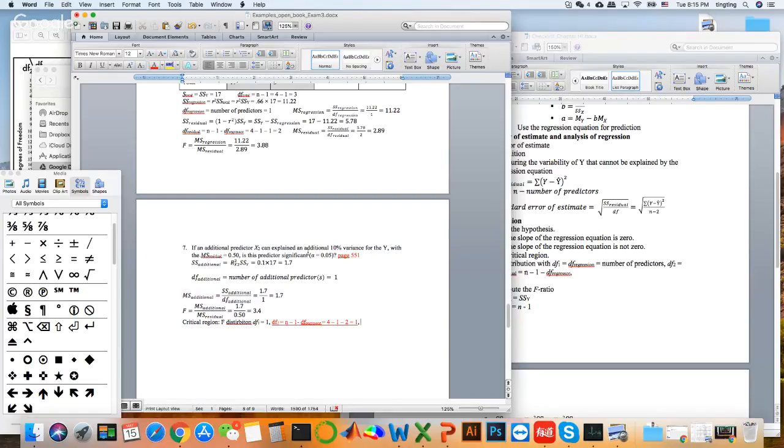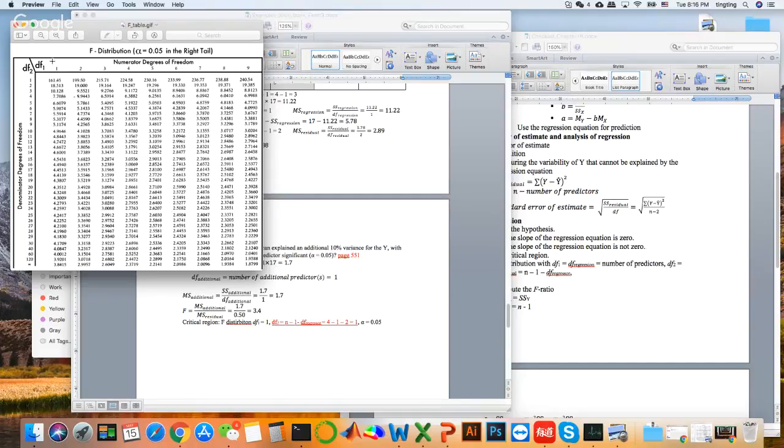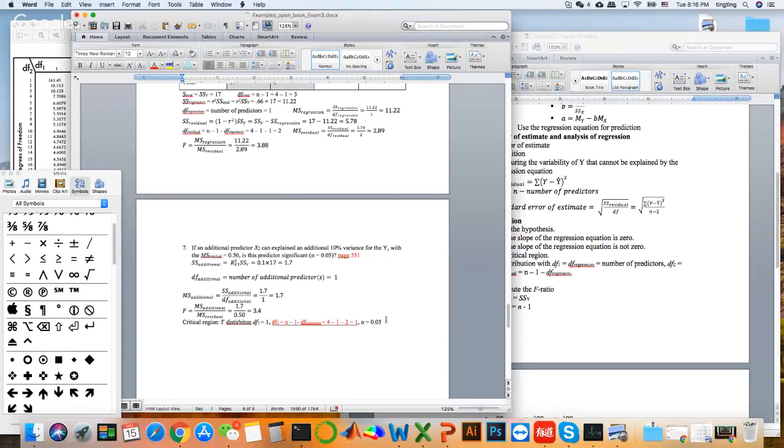Still alpha equals 0.05, means the critical region is F with 1 and 1, so F should be greater than 161.